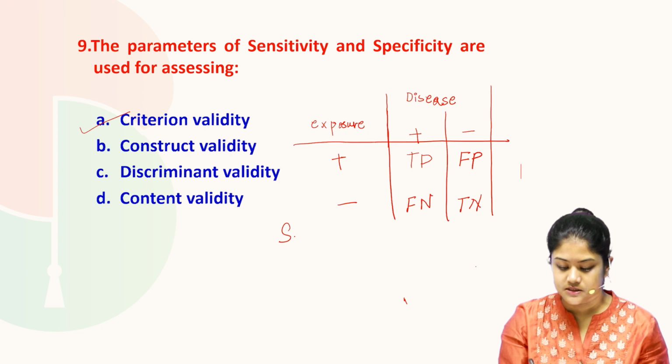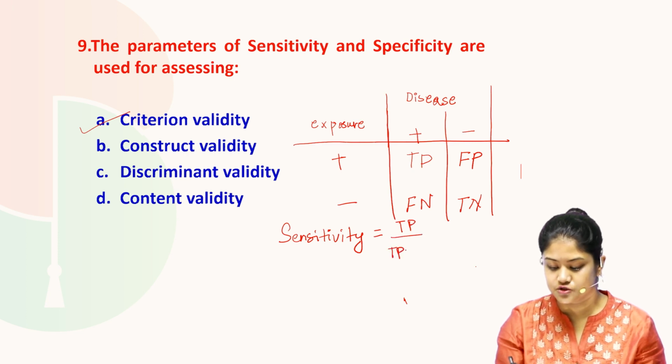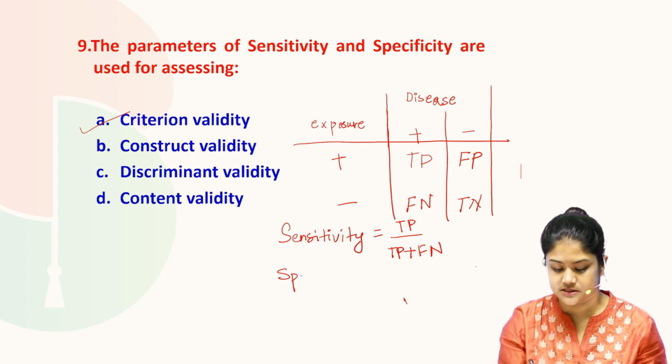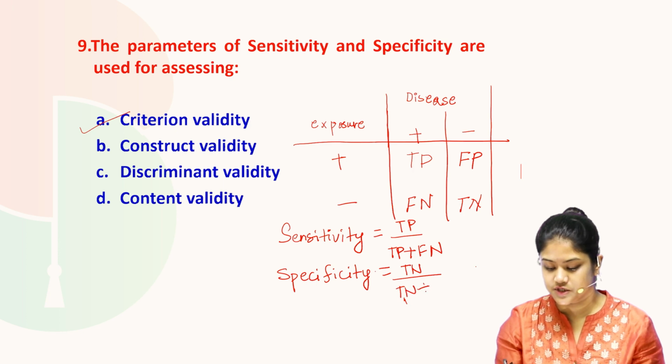Our sensitivity is given by the formula true positive by true positive plus false negative, whereas specificity is given by the formula true negative by true negative plus false positive.